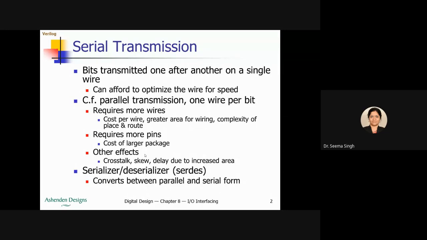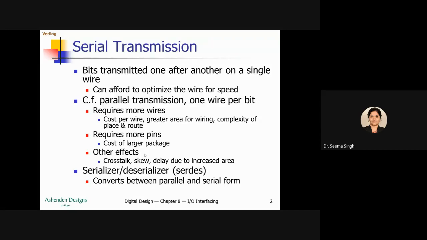But when serial transmission happens, it happens with a single wire. In that single wire, all your bits will make a queue and go. So serial transmission means a bit is transmitted one after the other on a single wire.